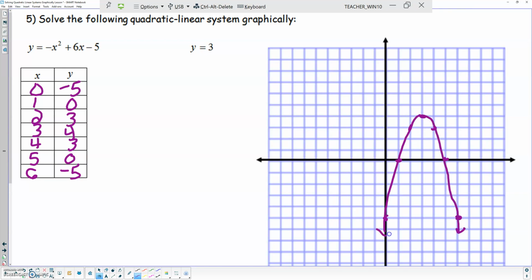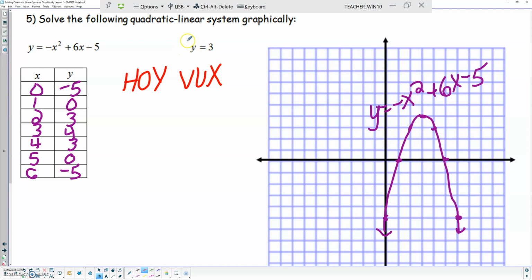Okay, so that's our quadratic. And then the line y equals 3. All right, so hopefully you remember in class we talked about Hoy-Vux to help us remember vertical and horizontal lines.